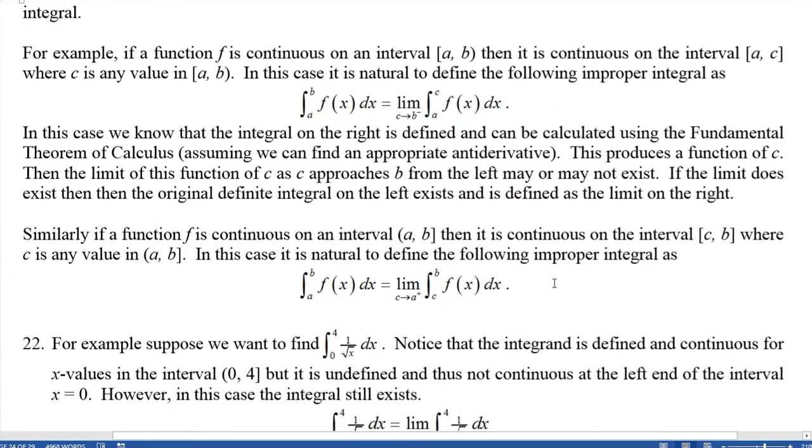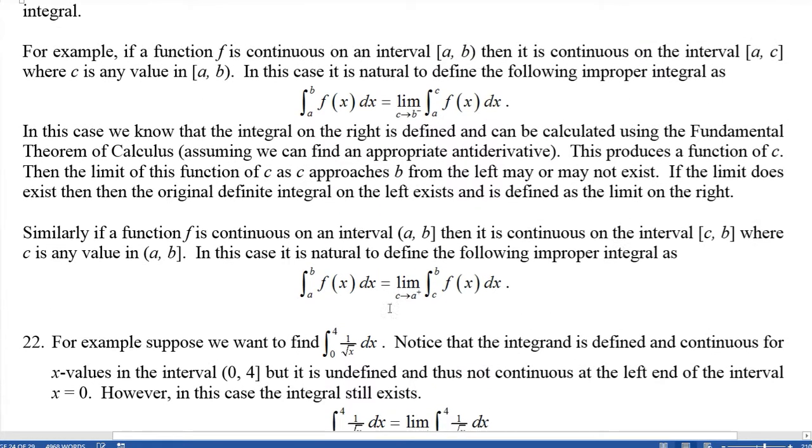Okay, so that's the basic idea. We can do a similar thing here coming from the other side. So if we've got an interval from a to b, open at a, closed at b, and if we pick any c between a and b, if the original function is continuous on this half-open, half-closed interval, then it's going to be continuous on this closed interval where c is a number between a and b. And once again, we do the same thing.